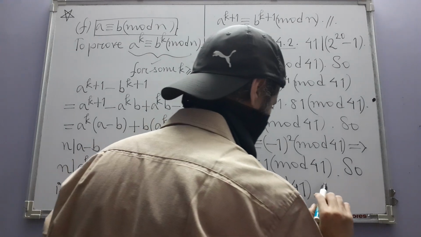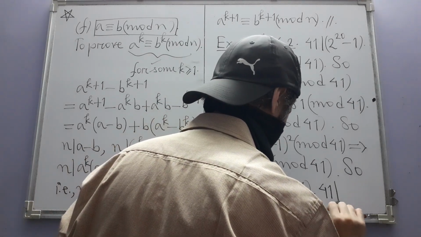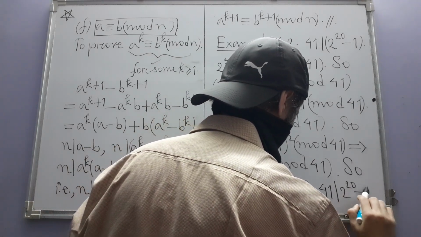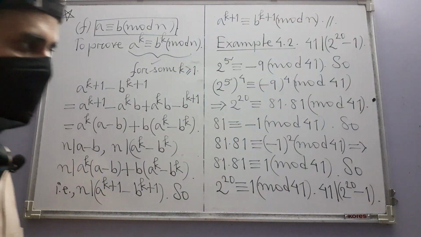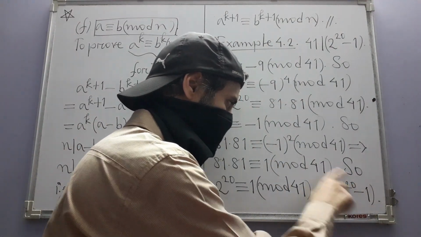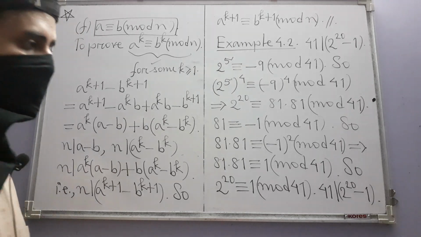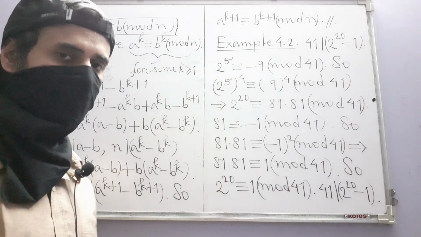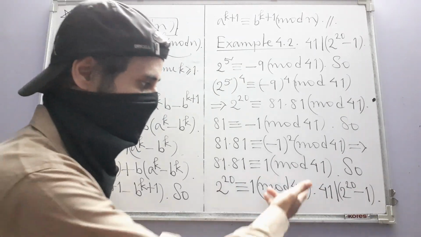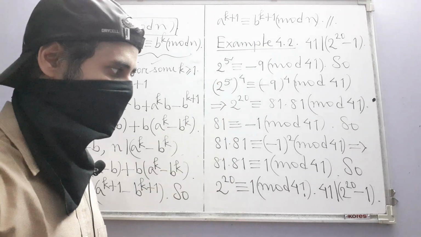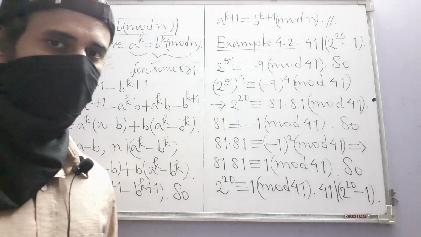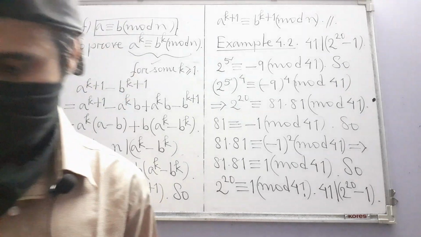And that is why 41 divides this. Okay, so without calculating the actual number and then seeing by actual division whether 41 divides this or not, using the theory of congruences, we have been able to do it almost without any effort.